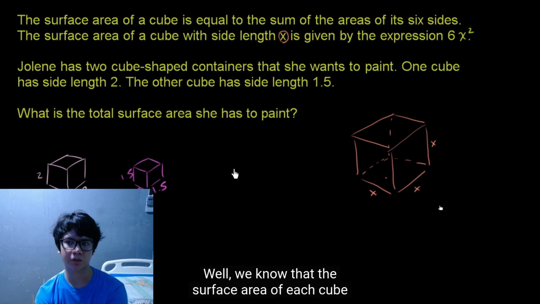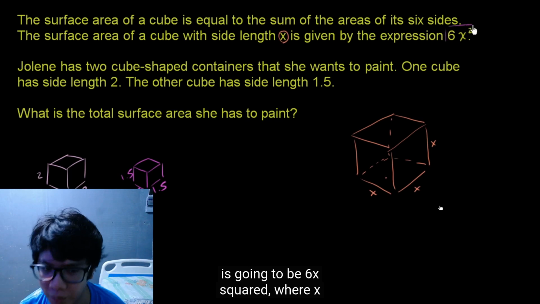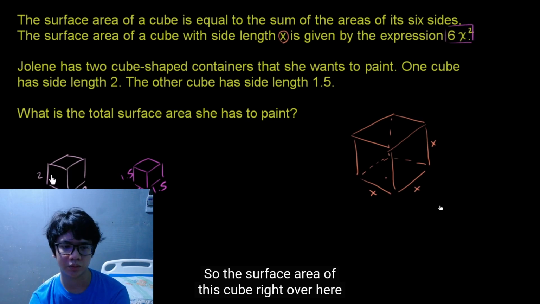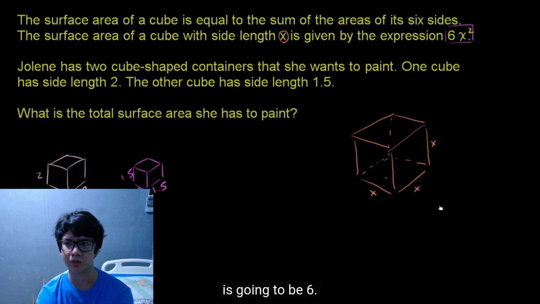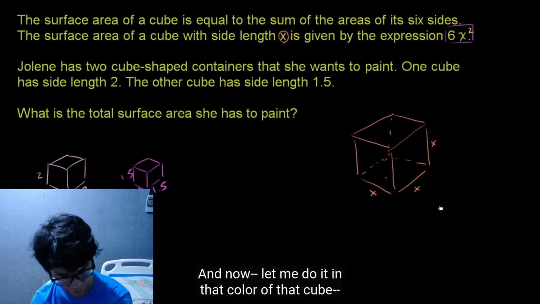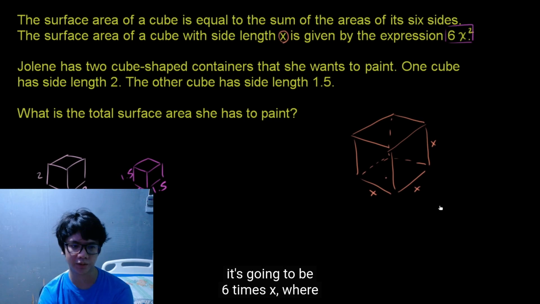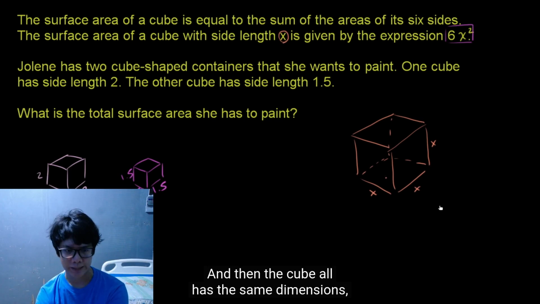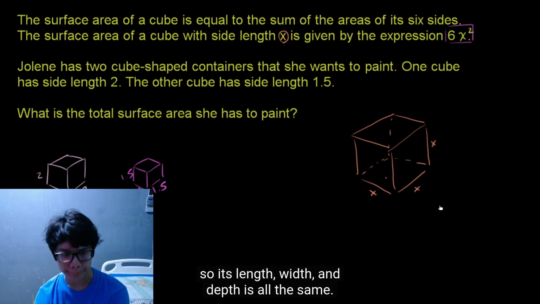Well, we know that the surface area of each cube is going to be 6x squared, where x is the dimension of the cube. And the cube has all the same dimensions, its length, width, and depth are all the same.